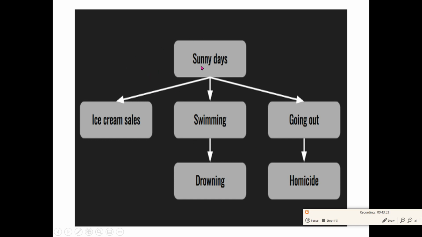Sunny days cause an increase in ice cream sales, and sunny days may increase the probability of going out, and if that area is marked with increased crime, then there is an increased probability of homicide, right? So regression does not imply causation. Causation inquiry is something different.